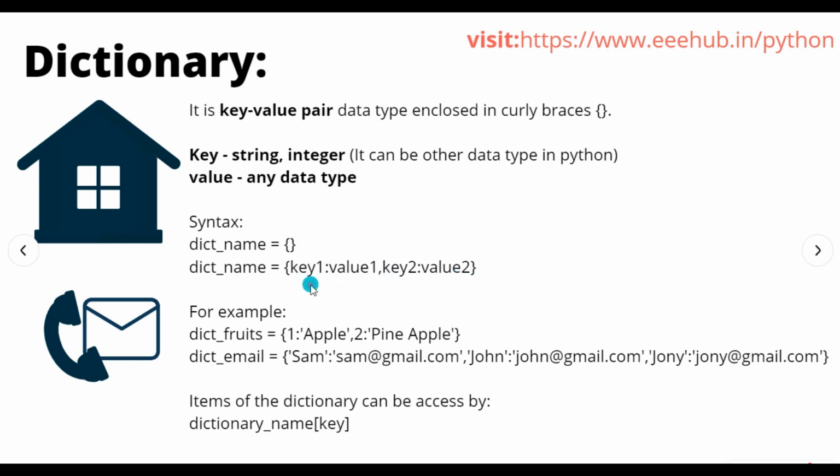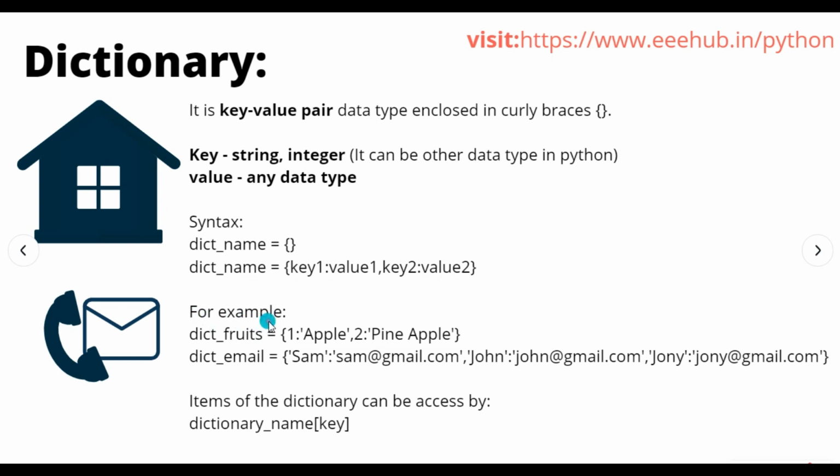The first key is key 1 and it is related to its value by using this arrow sign. Similarly, we have key 2, which will be related to value 2 by using the arrow sign, and these pairs will be separated by commas. So this is how you can create a dictionary in Python.